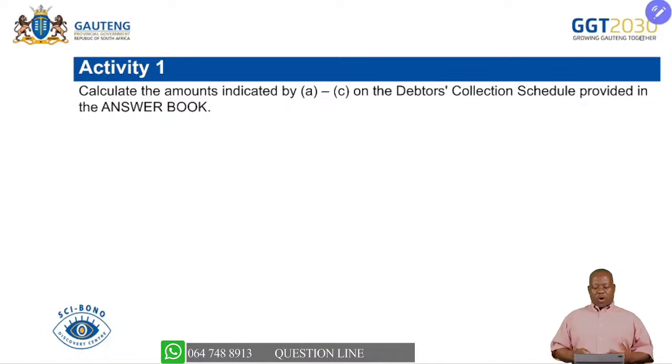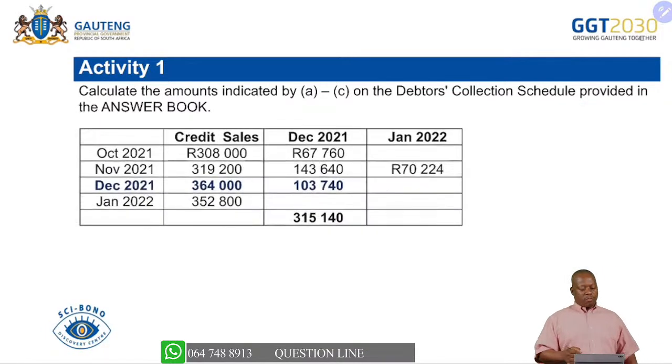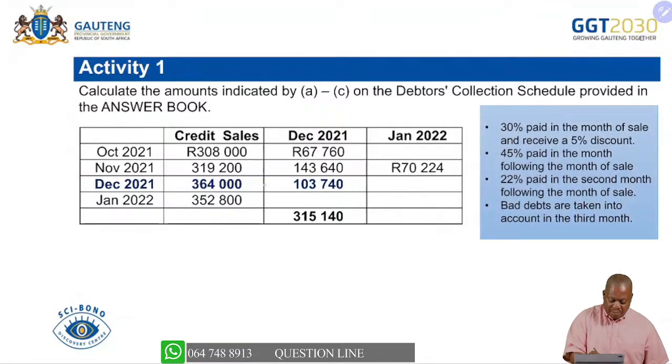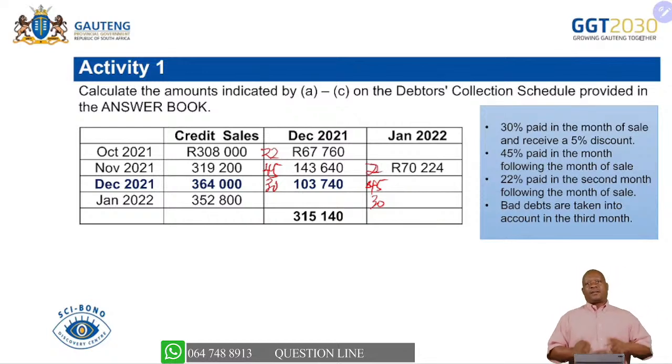Straightforward, let's move on. We are now going to move on to see how do we go about calculating for the month of December. Now, please take note, very important. This is December, and December 30%, 45%, 22%. When it comes to January, 30%, 45%, and 22%. When you have it like this, life becomes easy. So let's check.